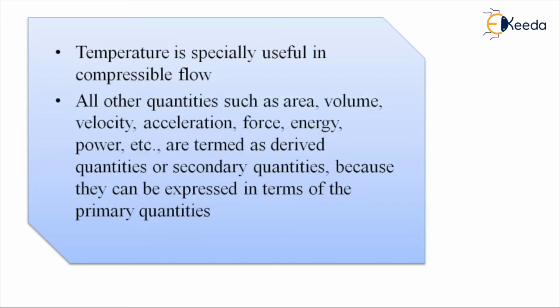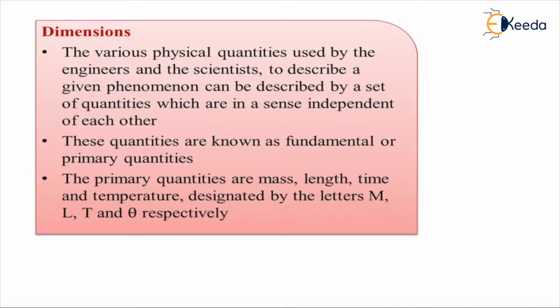All other quantities, such as area, which is meter into meter or foot into foot, volume, meter cube, velocity, meter per second, acceleration, force, energy, power, etc., are termed derived quantities or secondary quantities because they can be expressed in terms of the primary quantities.